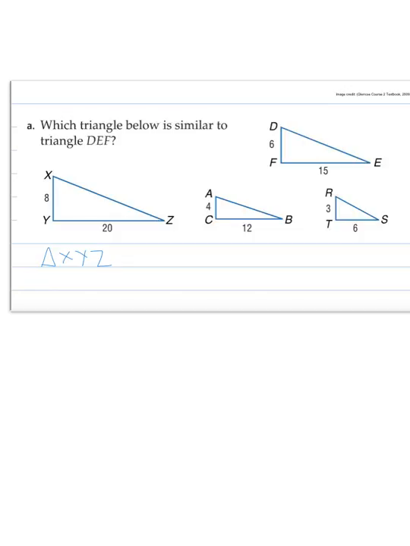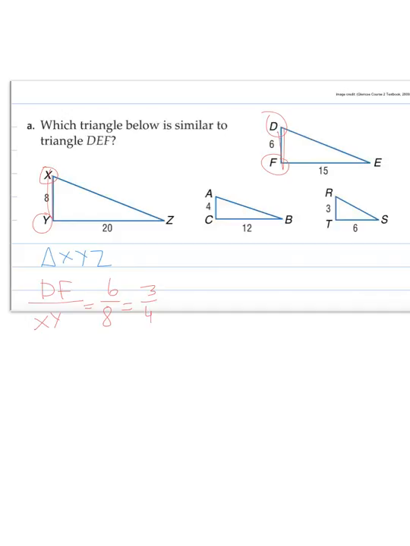So the side DF over, now D corresponds with X, F corresponds with Y. So that side goes with that side. So DF to XY have a ratio of 6/8, which simplifies down to 3/4.